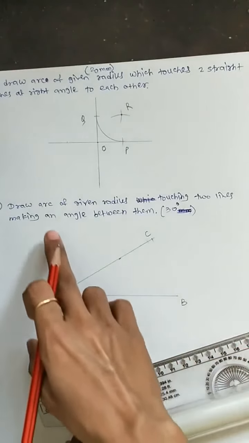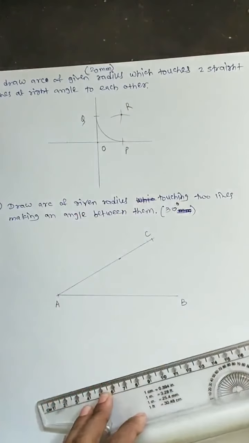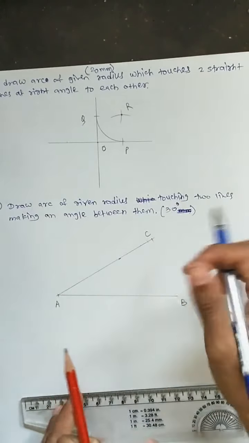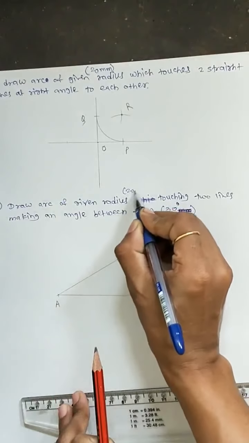So we have to draw arc of given radius. Suppose the given radius is 20 mm.